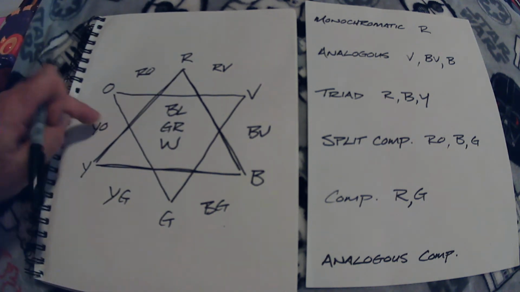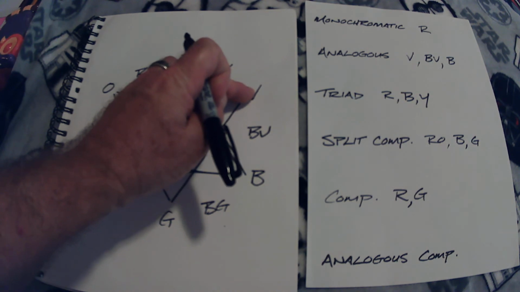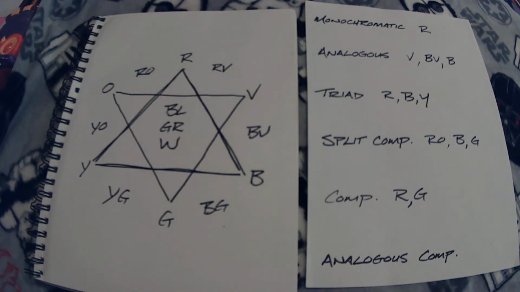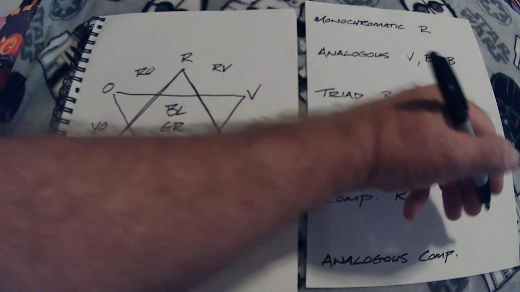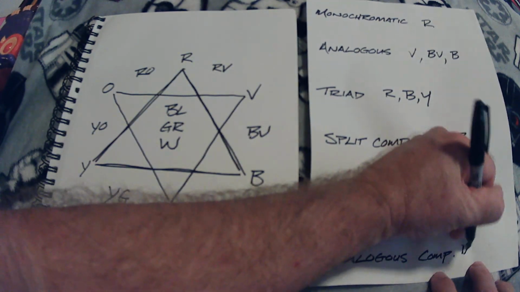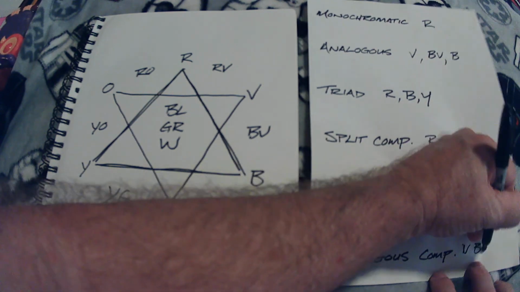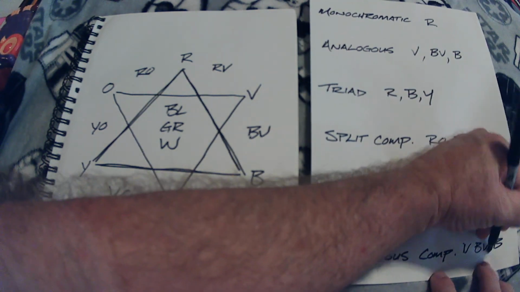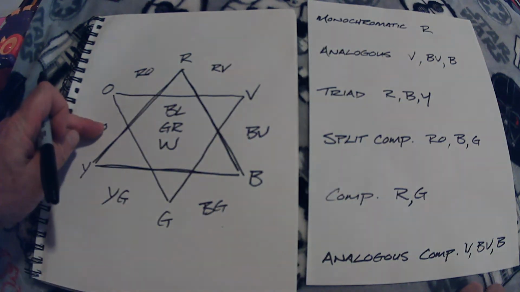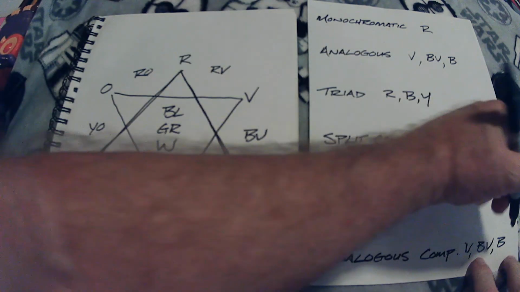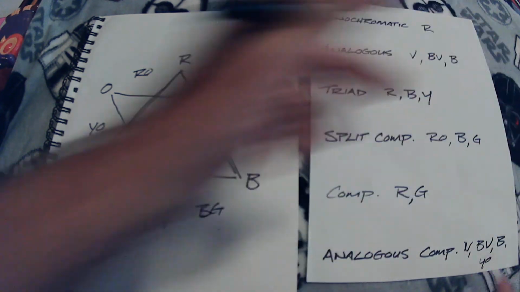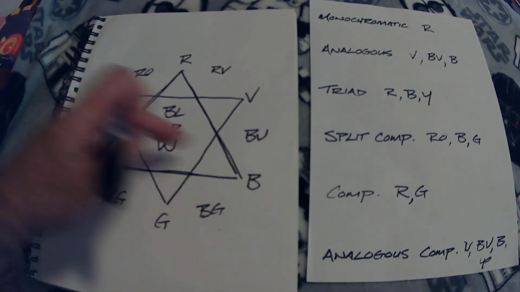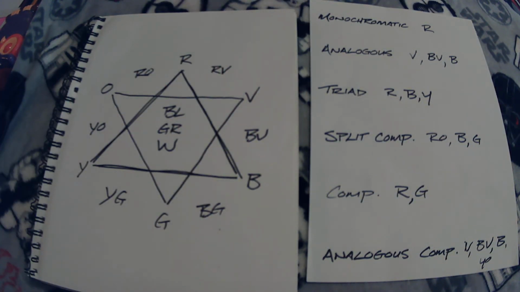Yellow-green, yellow, yellow-orange, and violet. So let's go with the one that we have up here for analogous, the violet, blue-violet, blue. So violet, blue-violet, and blue, and yellow-orange. Let me write that down here. Yellow-orange. Okay? So violet, blue-violet, blue, and yellow-orange.